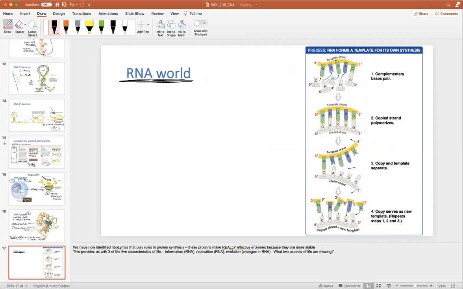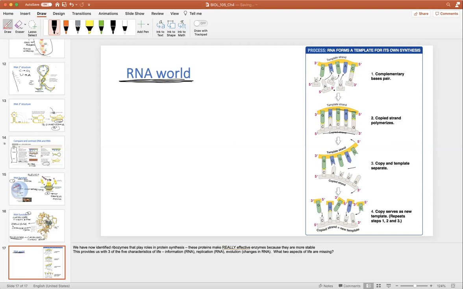So let's say you have a single strand of RNA and it's floating in a primordial pool where there's a bunch of just free bases floating around, okay? So these free bases float around and they line up according to base pair rules, okay? So now you have an original RNA strand and a copied RNA strand, and then they split apart and you have two copies, okay?